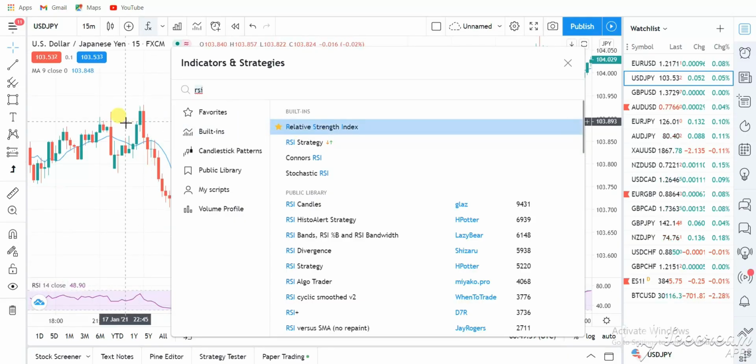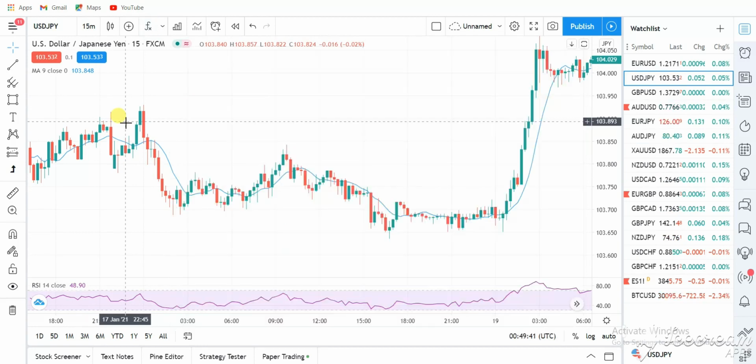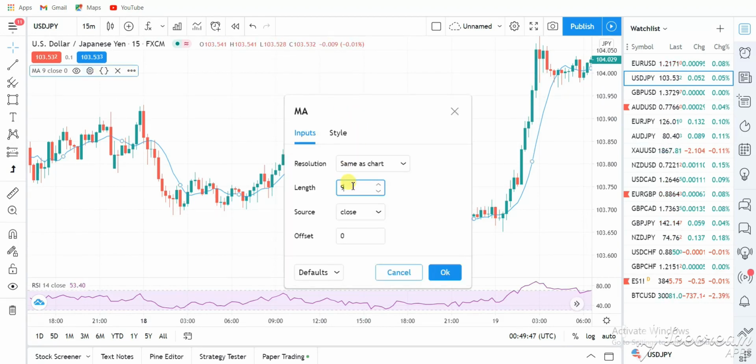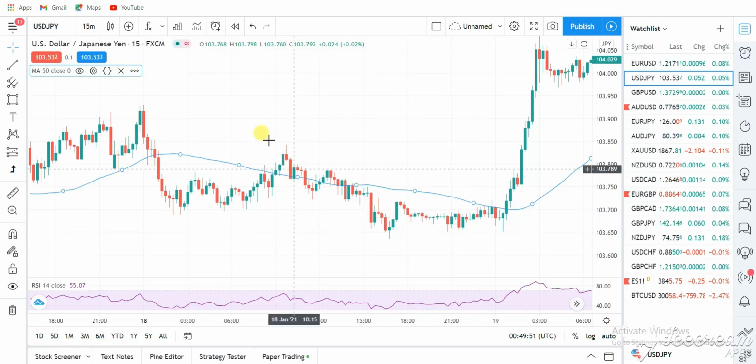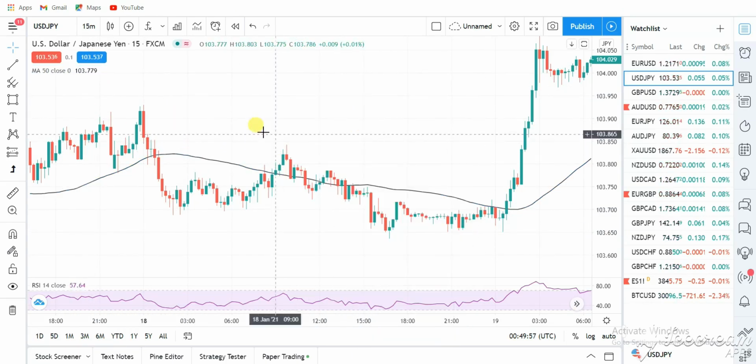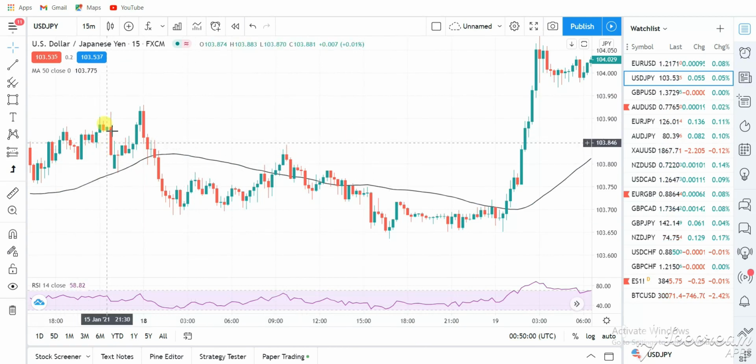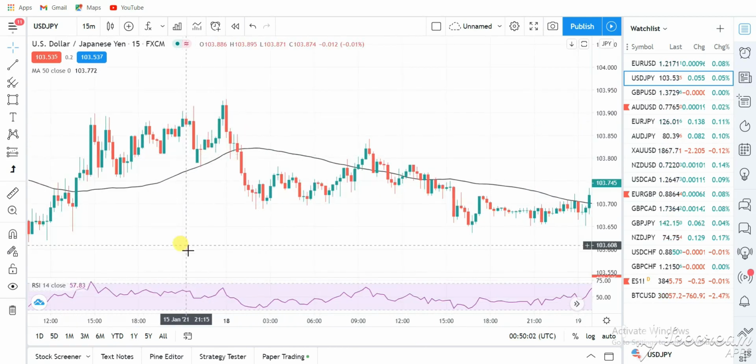These are the two indicators we'll be needing. So let's set things up. For the moving average, we will use a 50 period moving average line, and let's use black. As you can see at this point, the MA is set and the RSI is set.